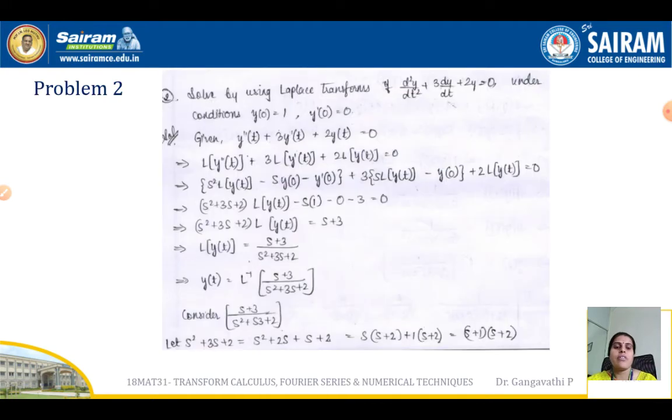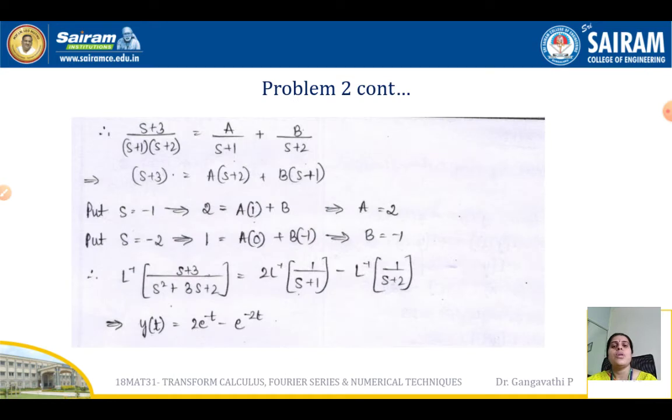Here by using partial fractions, we get this expression, and substitute a suitable value for s. You already have come across many problems like this, so use the same technique. Substitute a suitable value for s in such a way that you get the value of any one of the unknowns. So here we get a value of a which is equal to 2.